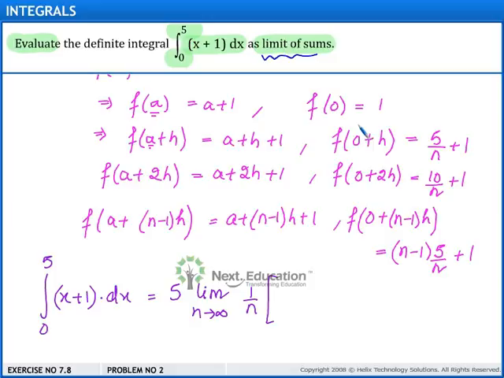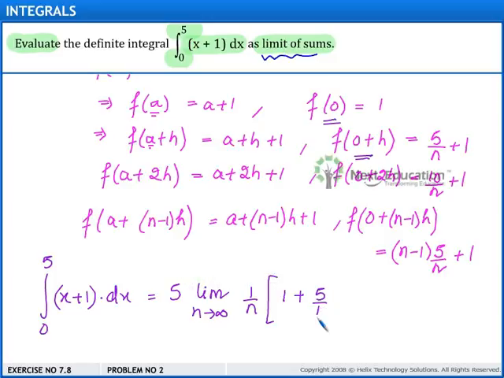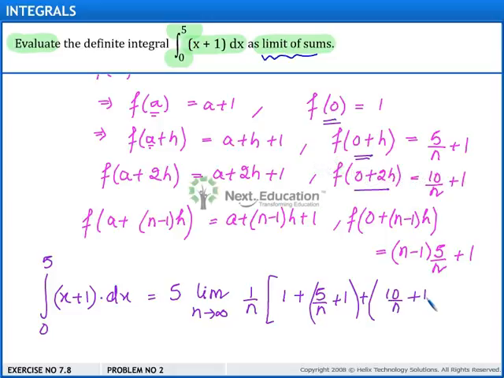So f(a) is f(0), that is 1, plus f(0 plus h), that is 5 upon n plus 1, then f(a plus 2h), that is 0 plus 2h, is 10 upon n plus 1, plus so on up to (n minus 1) into 5 upon n plus 1.